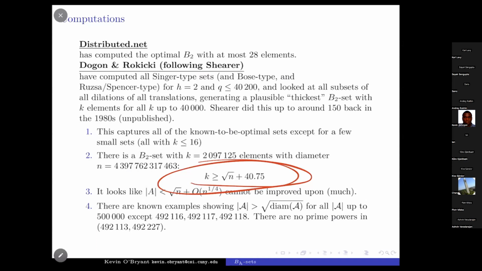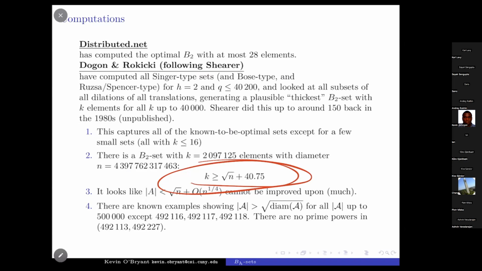But this data set of Dogon and Rokicki suggests no, that the actual error term is n to the 1/4. Of course, you can't tell from computations if it's n to the 1/4 or n to the 1/4 over log n, right? We don't know what the coefficient exactly is, maybe a half.